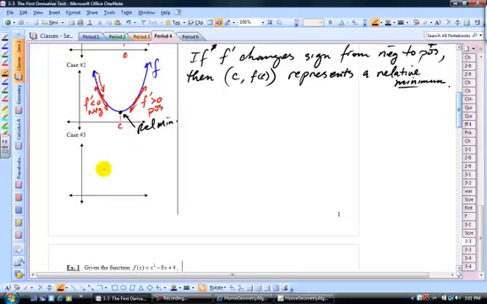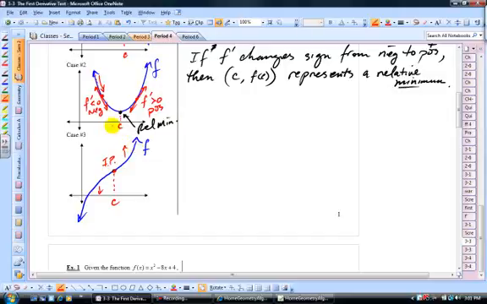Now sometimes it doesn't change sign, in which case you have something like this. Suppose that's F right there, kind of like an x cubed function or a cubic function. They kind of look like that. And tangent functions look like that. Let's take a look at this point right here at C. That's called an inflection point for cubics, because it changes concavity there from concave down to concave up, concave down here and concave up here.